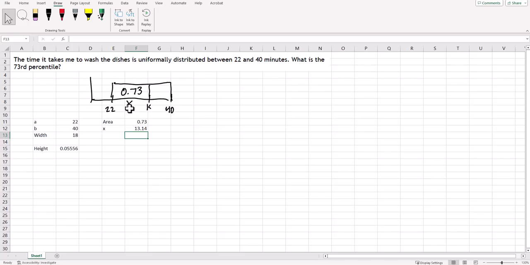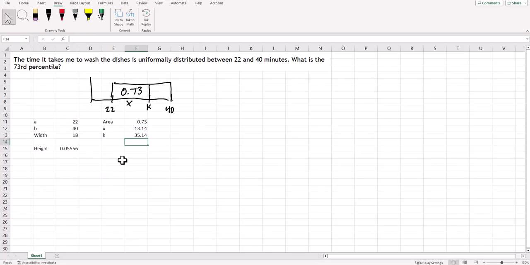Now, notice 13.14 is going to be over here left of 22. So my answer isn't 13.14, but the distance from 22 over to K is 13.14. So K is going to be at this 13.14, well, I need an equal sign here, plus my starting point, 22.